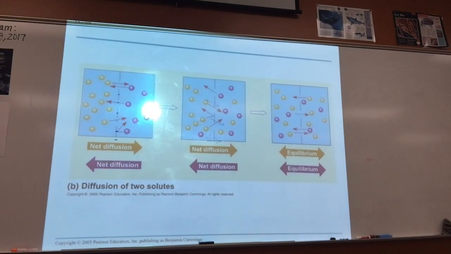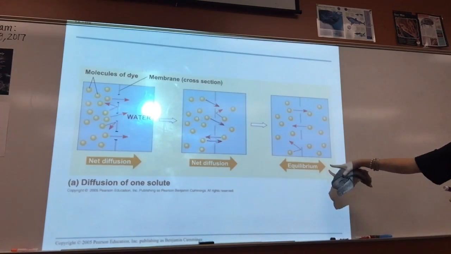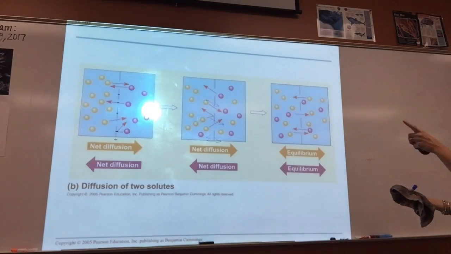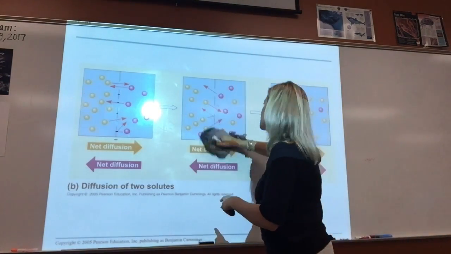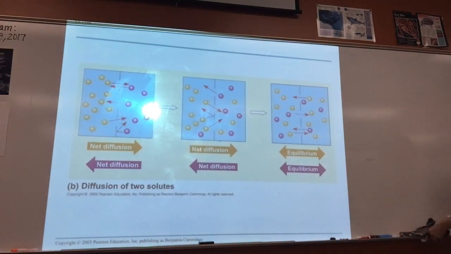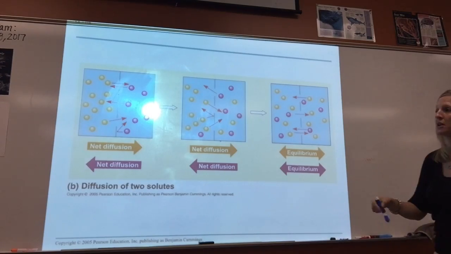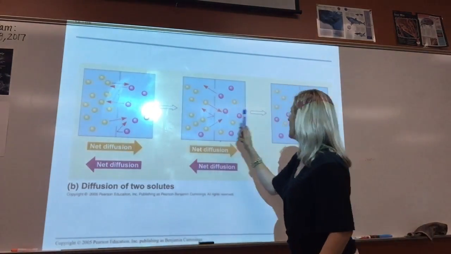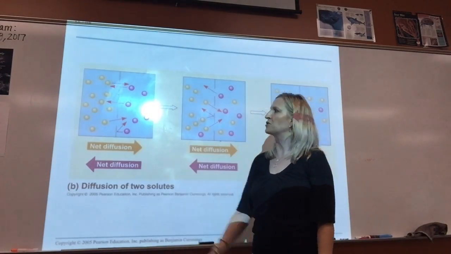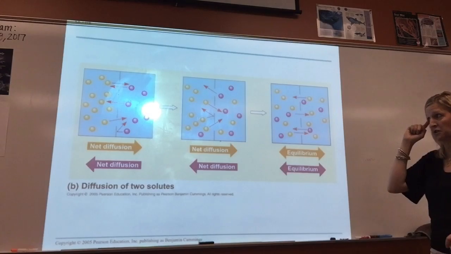All right, so this picture here is this picture right here with the orangish yellow dye, just adding the purple dye. So they're just showing you here that two dyes or two types of molecules on opposite sides of the membrane will diffuse independently of one another. So the same thing is going on as the last picture with the yellow, but the purple ones, the high concentration starts on the right, and they're going to do the same thing.